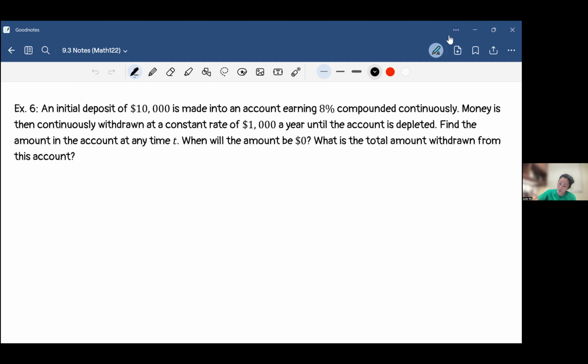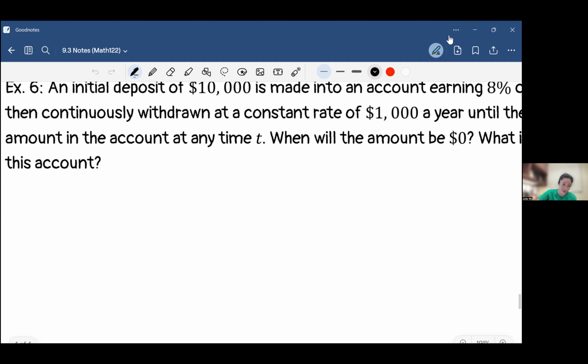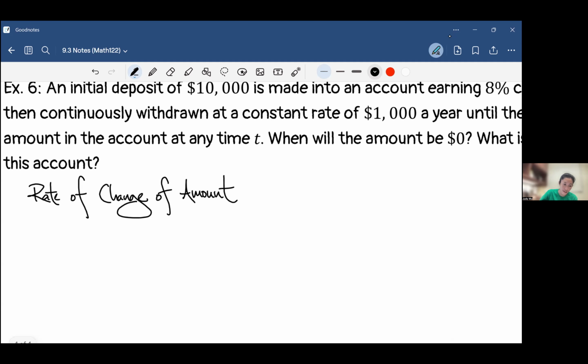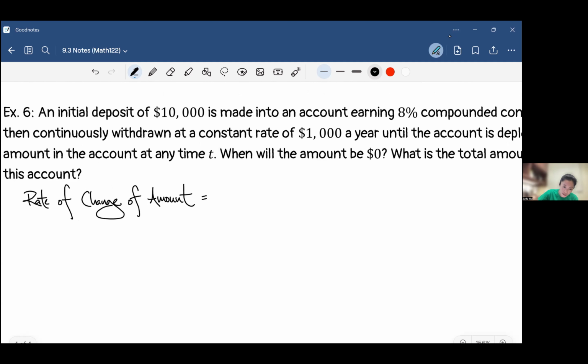So I'm going to write a couple things out and we'll use that to create our equation. It turns out that the rate of change of the amount is equal to the rate of growth minus the rate of withdrawal.